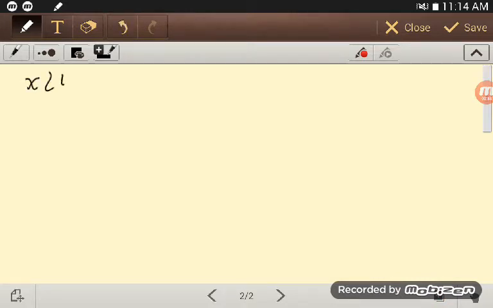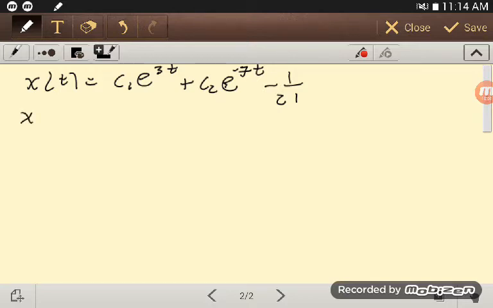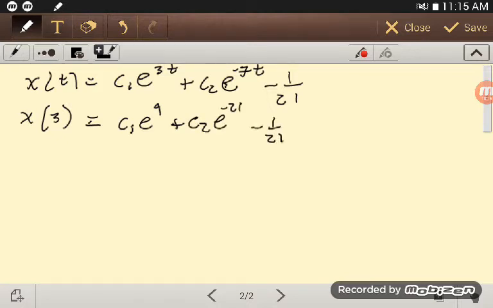Again, we have our x of t is equal to that c1 e to the 3t plus c2 e to the negative 7t minus 1 over 21. And then, well, x of 3, which is equal to c1 e to the 9 plus c2 e to the negative 21 minus 1 over 21.